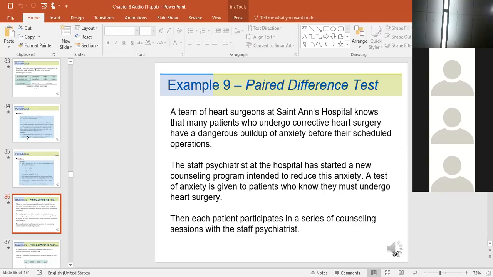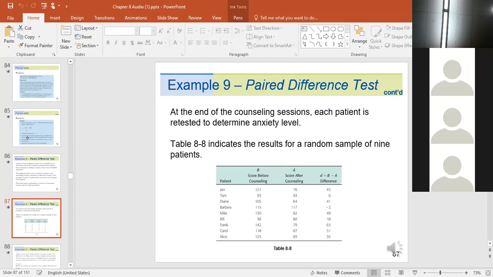So we want to know if counseling will reduce anxiety. So before the psychiatric counseling, anxiety is higher, right? After, we expect it to be lower. And we will compare the two. That is our objective here. So the claim here is that counseling reduces anxiety.